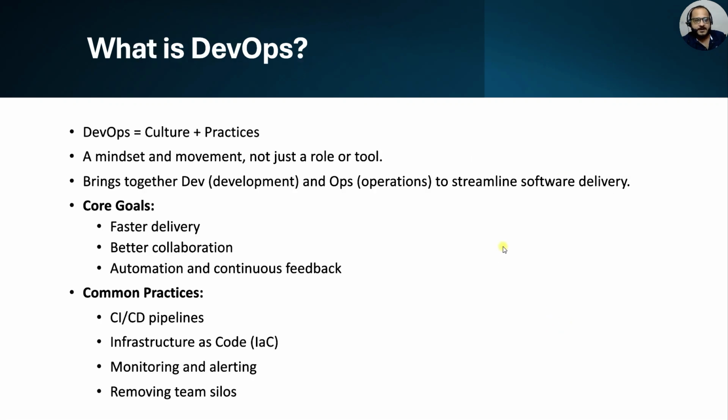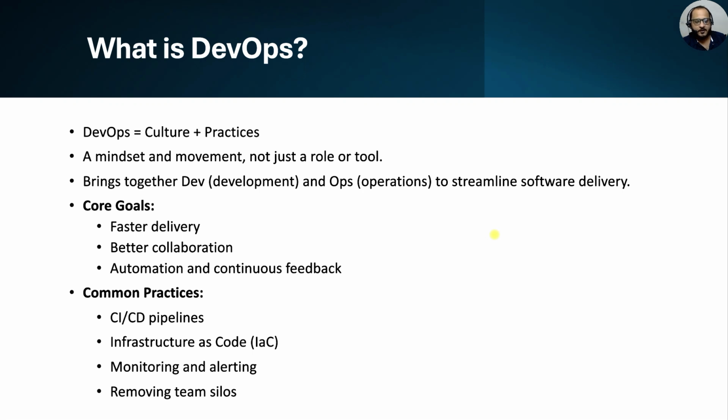So we'll start with DevOps. As we know, DevOps is not a tool. DevOps is a culture, a practice, or maybe we can say a mindset, which brings developers and operations teams together and eliminates the gap between development and operations teams. The end goal for DevOps is faster delivery, better collaboration, automation, and continuous feedback.